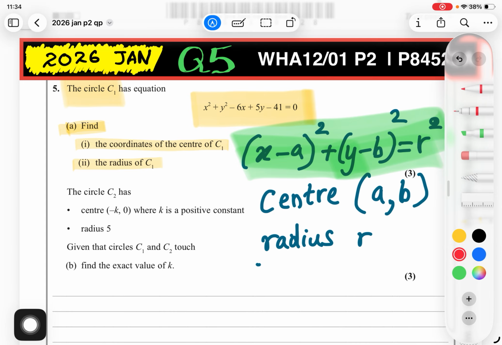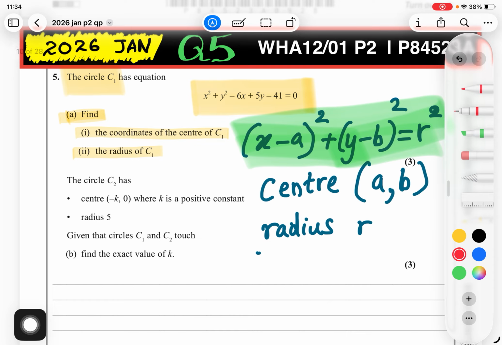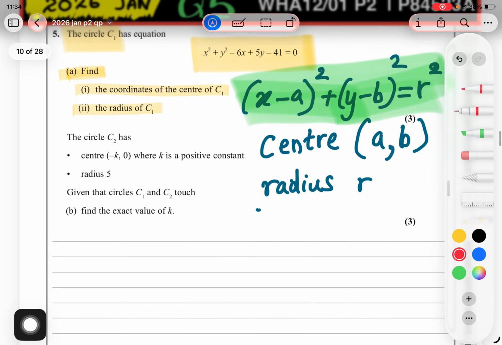Now we have to put this equation in the form of this. To do that, we have to use the completing the square method. I'll quickly show you a shortcut.